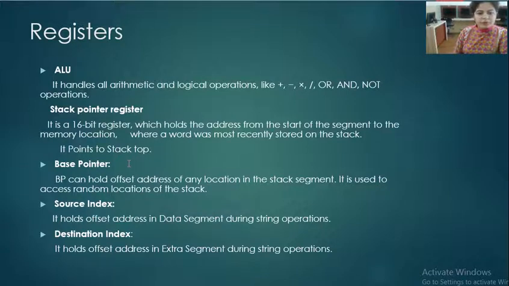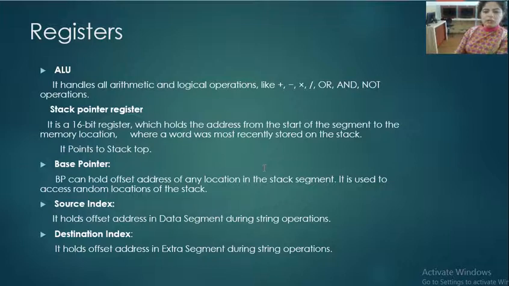Next register is base pointer register. Now what is base pointer register? Base pointer can hold the offset address of any location in the stack segment. It is used to access random locations of the stack. Base pointer is actually a special type of register in which we add offset value. So that's why after adding the offset value we will get the original value of any location.